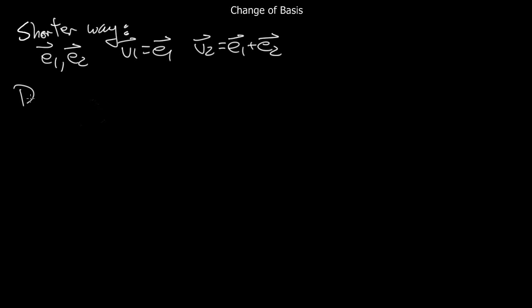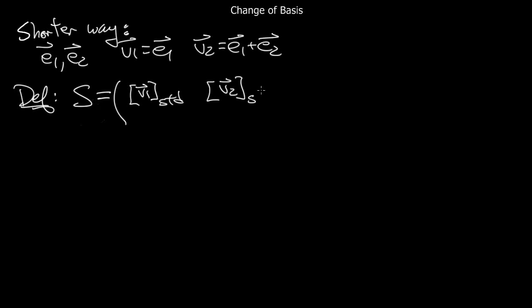So what I want you to do is take the matrix S. And the matrix S is for the first column, you write the vector V1 in the original basis, the standard basis, and the vector V2 in the standard basis. So let's see, the vector V1 in the standard basis, well, that's E1. So that is to say it's 1, 0. And the vector V2, you look here, that's the coordinates, the coefficients are 1, 1.